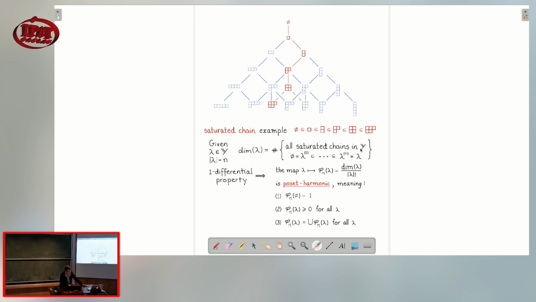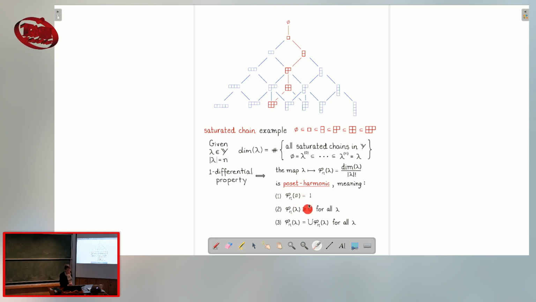And this one differential property implies that this mapping that takes a partition to the ratio of its dimension, the number of saturated chains, divided by the factorial of its rank, is poset harmonic, meaning that it's normalized, so its value at the root of the poset is 1.